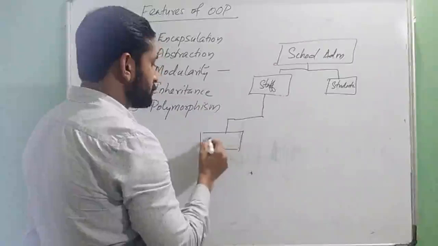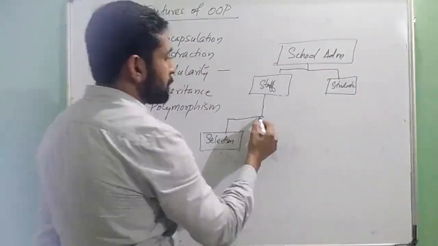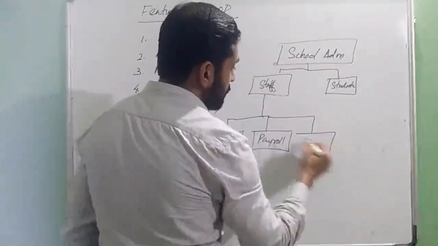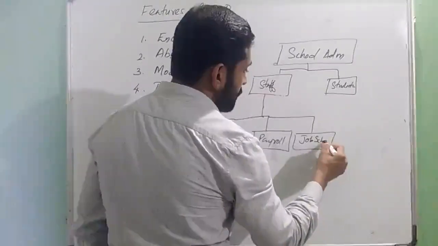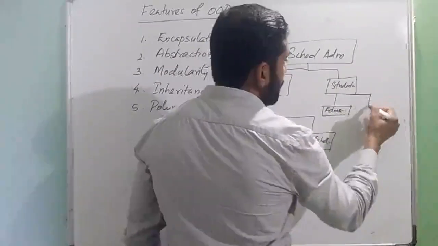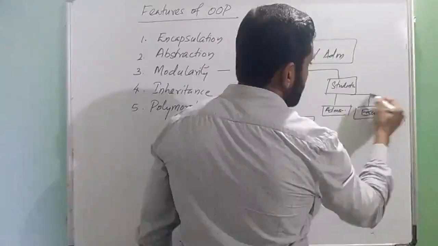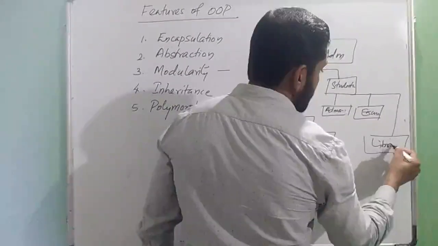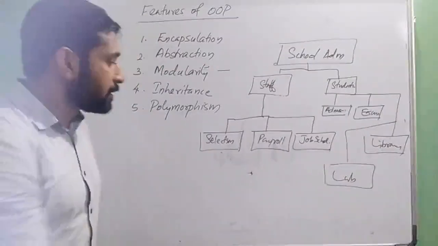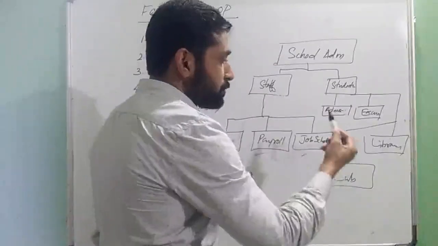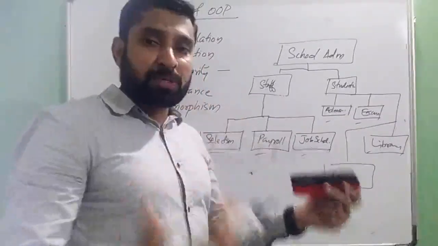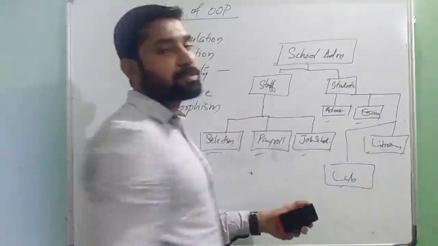Staff: selection, payroll, job schedule, etc. Students: admission, exams, library, lab, etc. These selection process, payroll process, job scheduling, admission, exam, library, lab, these can be separately solved and the solutions can be put together to get the school administration software.